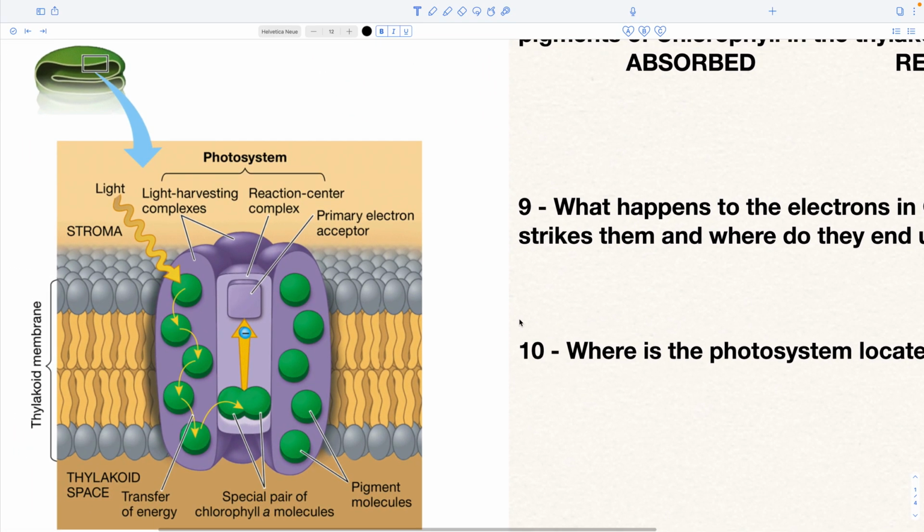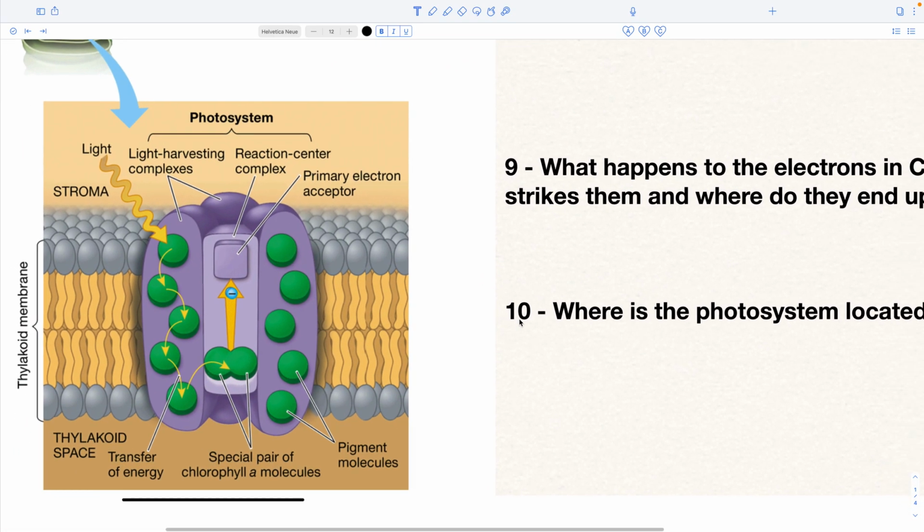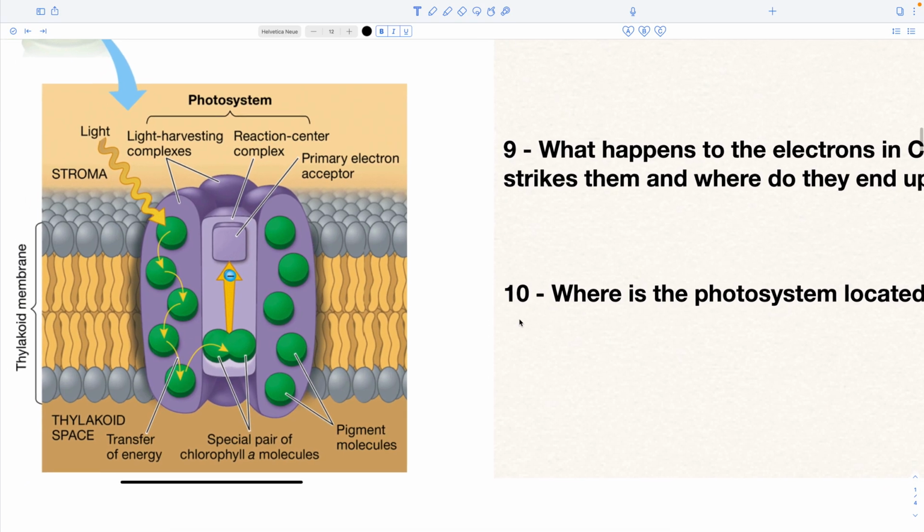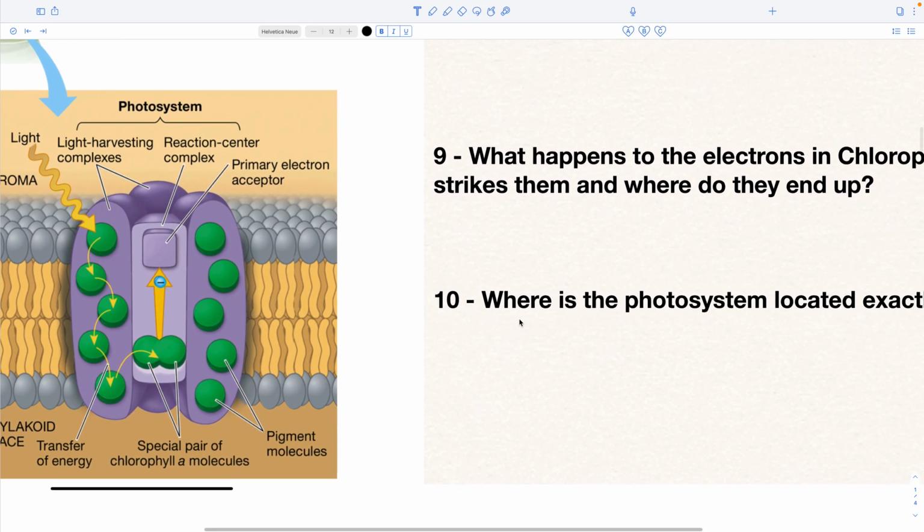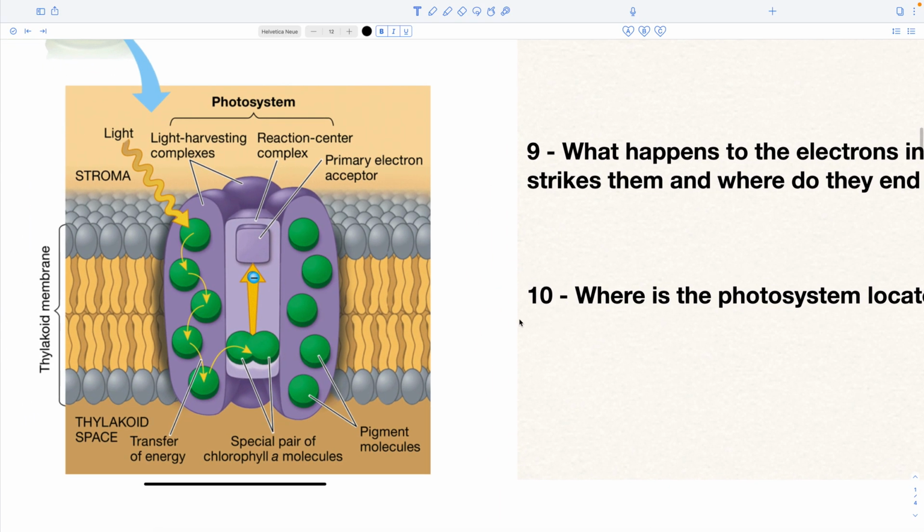So now we're on question number 9, and it says, what happens to the electrons in chlorophyll when light strikes them, and where do they end up? So I drew this up on the board. What happens when light strikes it? The electron gets popped out farther in a further electron orbit, and it's lost. Where does it go?